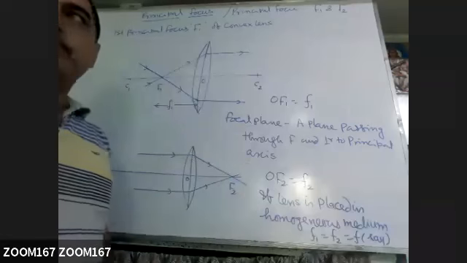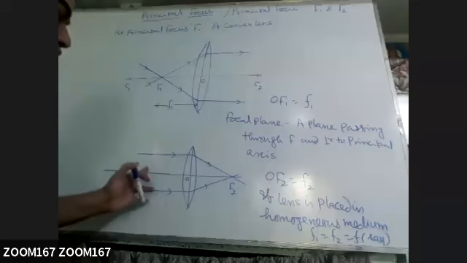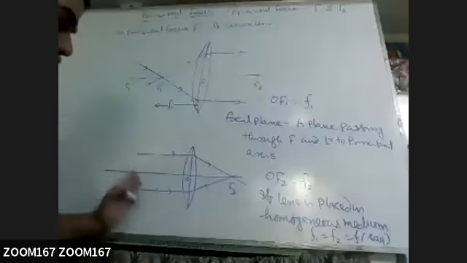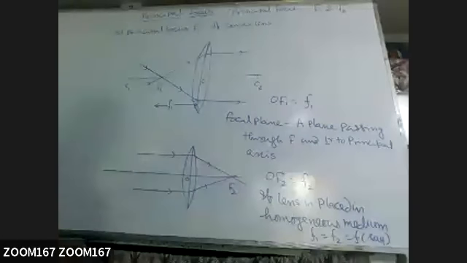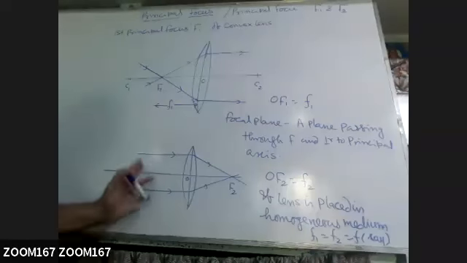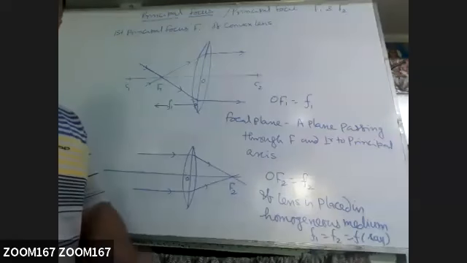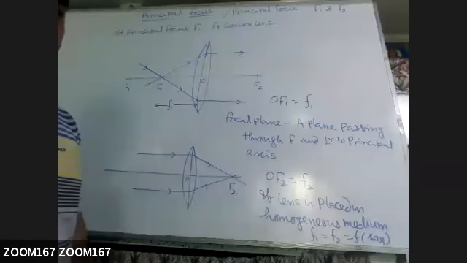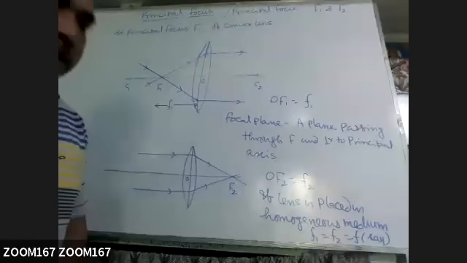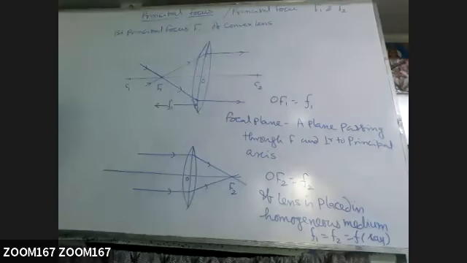Both side medium should be same. That is going from air to lens, lens to air, or water to lens, lens to water. That is homogeneous medium. Then two focal length will be same. Whether R1 is equal to R2 or R1 is not equal to R2, no problem. Focal length will be same.